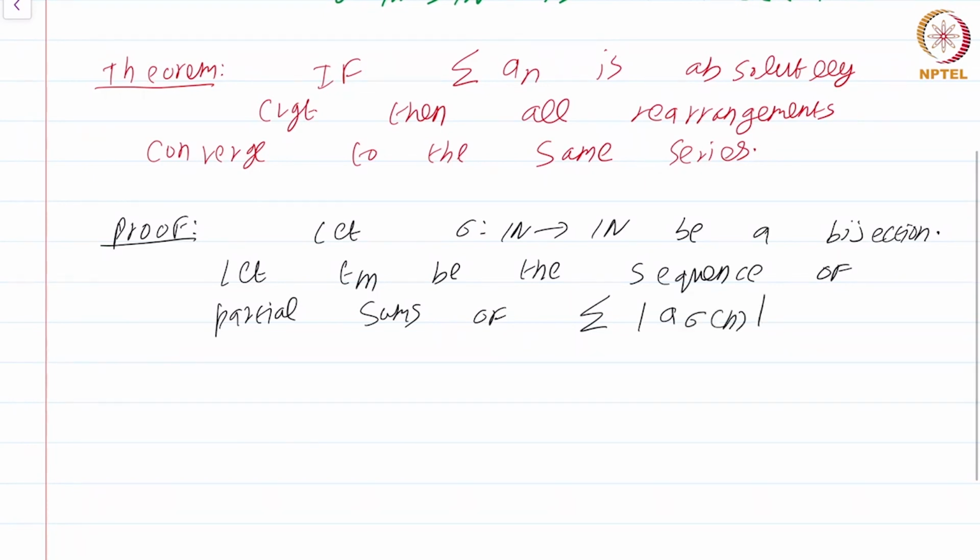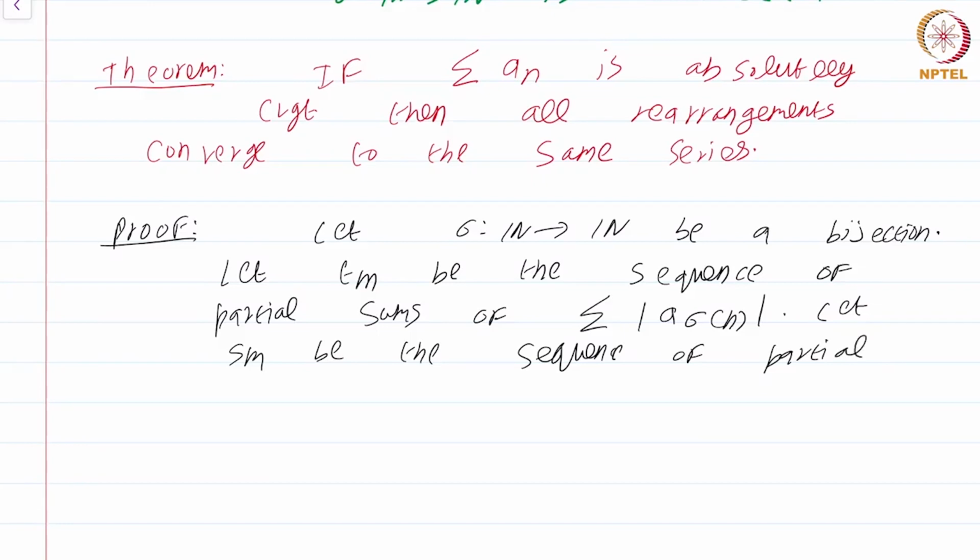I look at the rearranged series with absolute values, of course, and look at the partial sums. Let Sm be the sequence of partial sums of summation mod an of the original series.